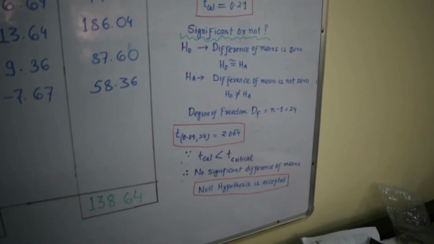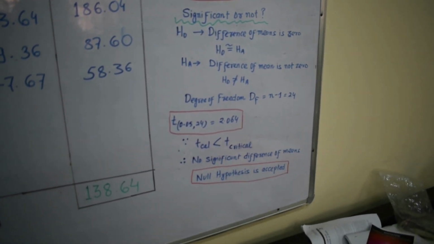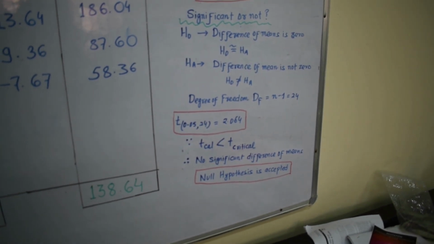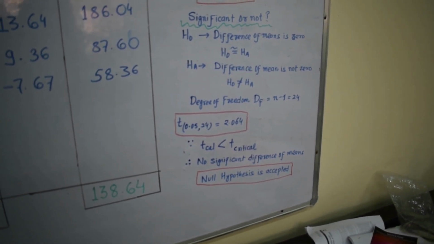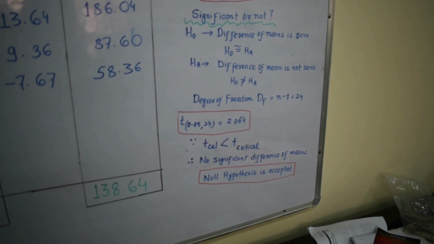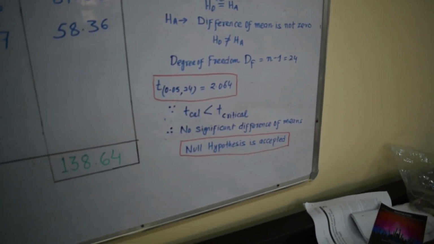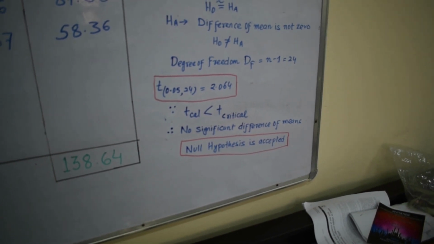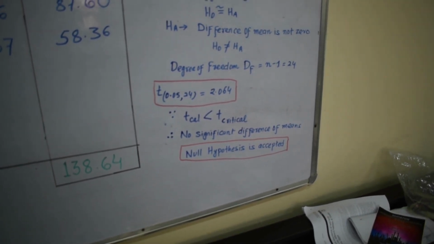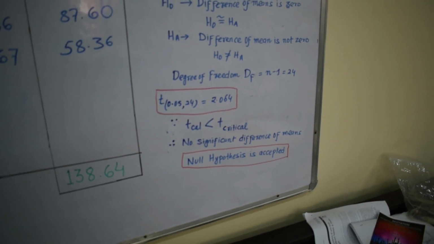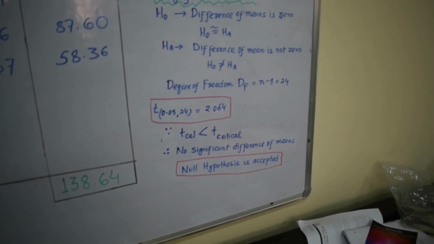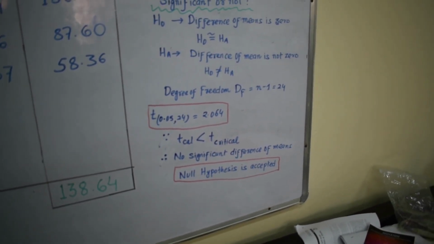Now it seems that the t calculated is very much less than the t critical value. So it is falling within the acceptable range, and hence there is no significant variation between the means, right? So that means the null hypothesis remains true. Otherwise, the alternate hypothesis could have been accepted. Hopefully you understood this concept.